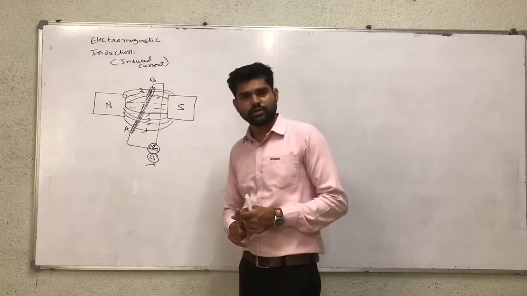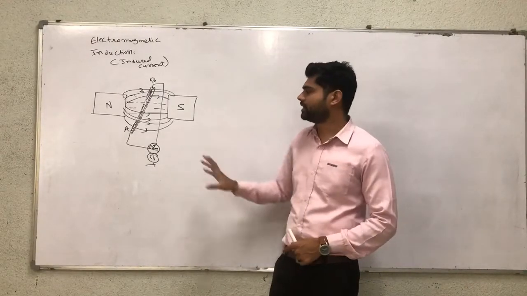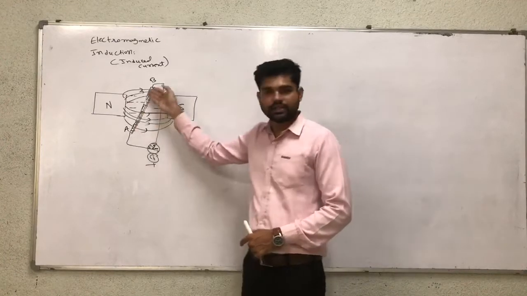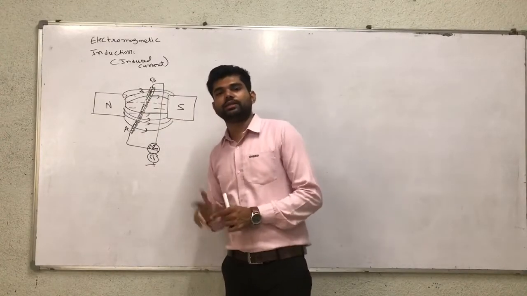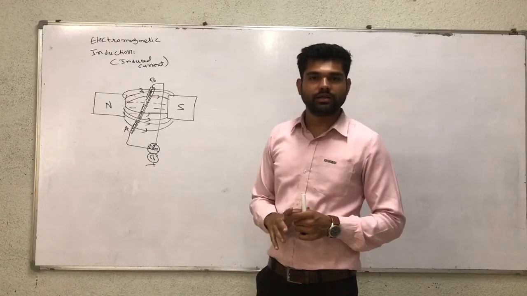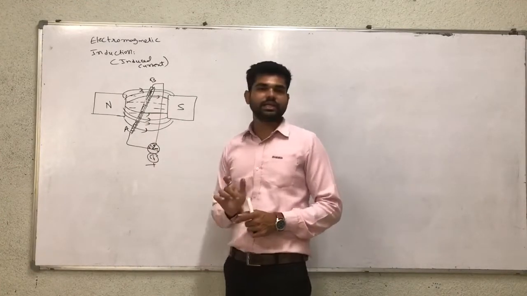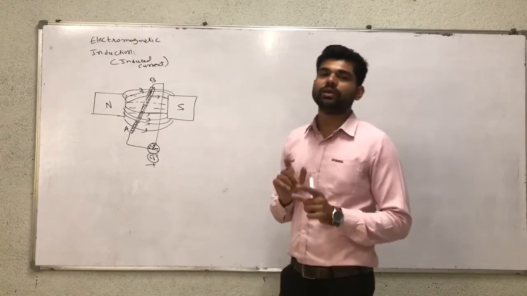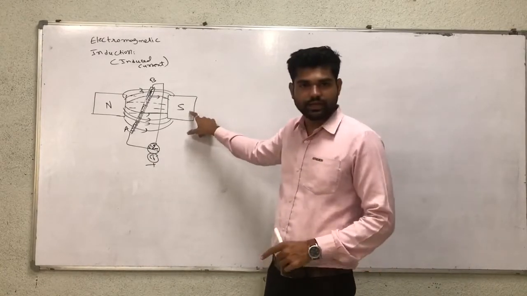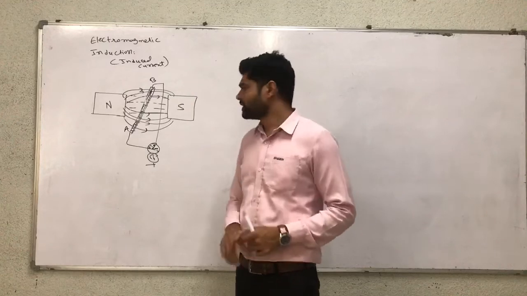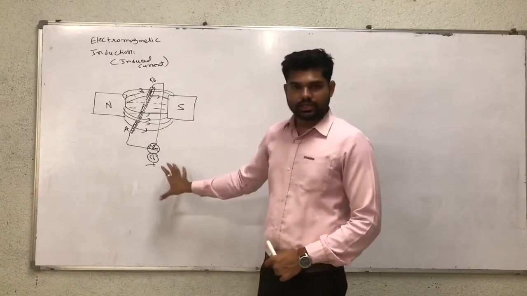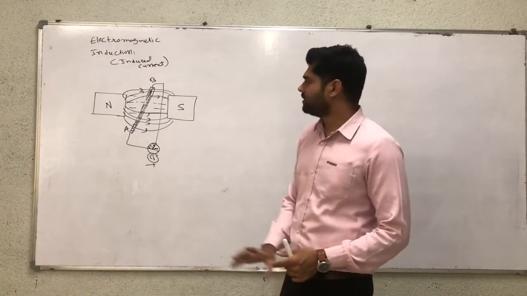In the first experiment, the first try, the wire moves up and down, which means the electric rod moves and the magnet is stable. Now in the second case, we keep the electric conducting wire stable and move the magnet, N pole and S pole. The same result: deflection will be present.